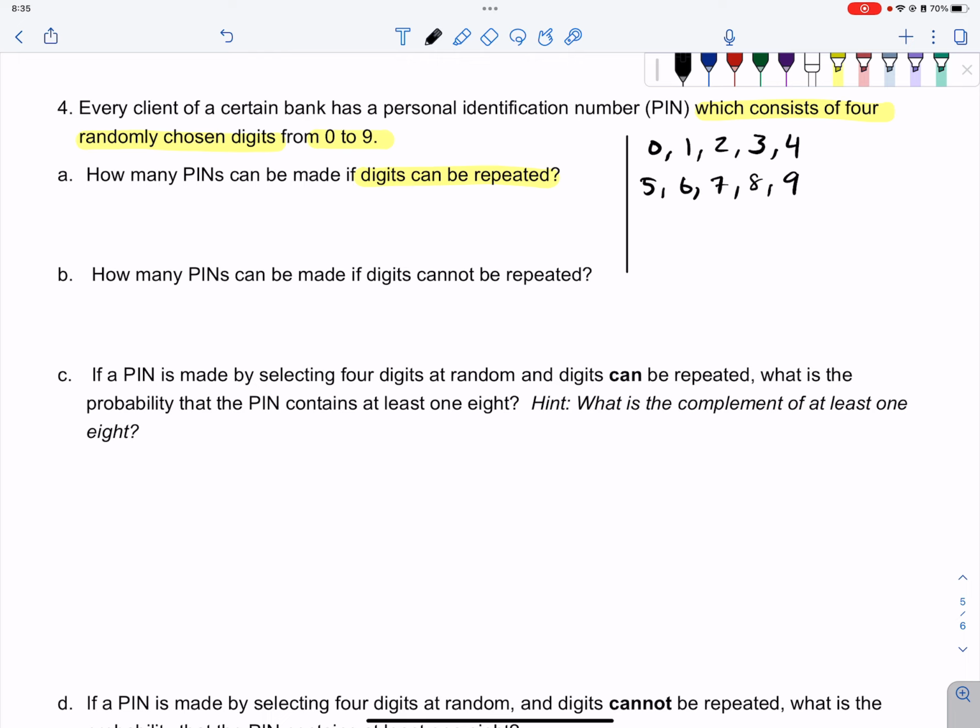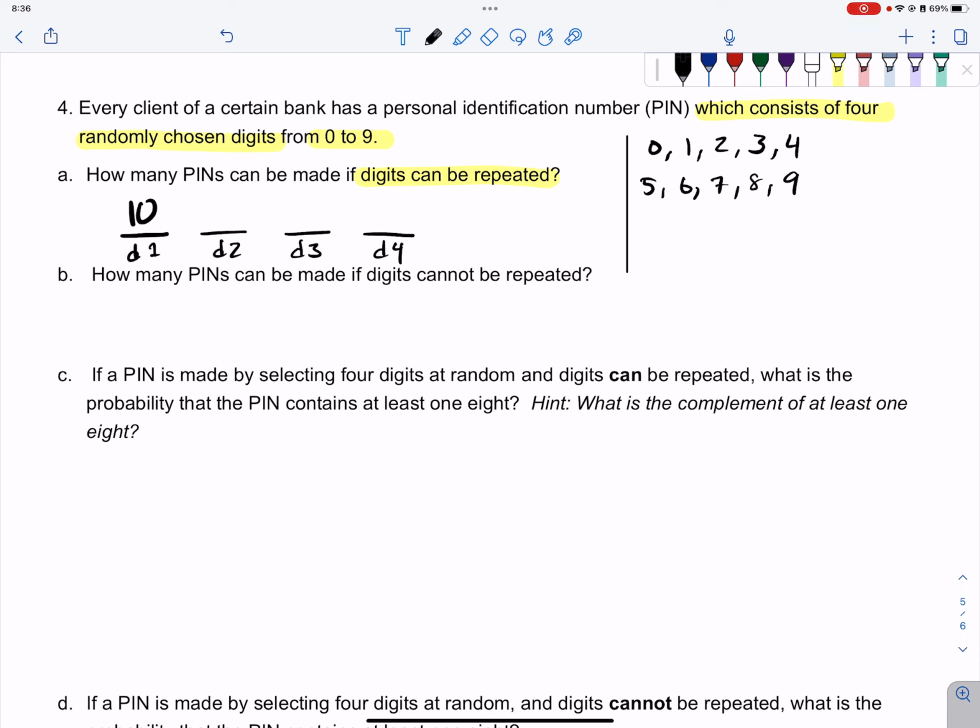And now, to figure out how many PINs can be created when the digits can be repeated, well, we have a 4-digit PIN number. So I'm going to look at each of the digits individually: digit 1, digit 2, digit 3, and digit 4 of this PIN number. The first digit, how many options do we have to choose from? Well, we're choosing from 0 through 9, and we can see that there's 10 different numbers there to pick from.